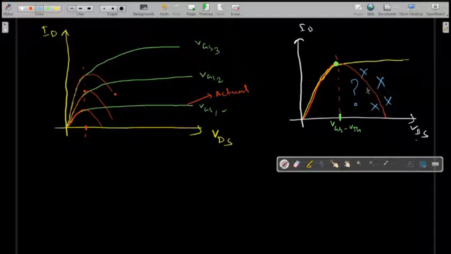It should follow like this. Initially it follows, but after this point the graph is not following the actual IV characteristics, which should look like this. Instead, it just falls.